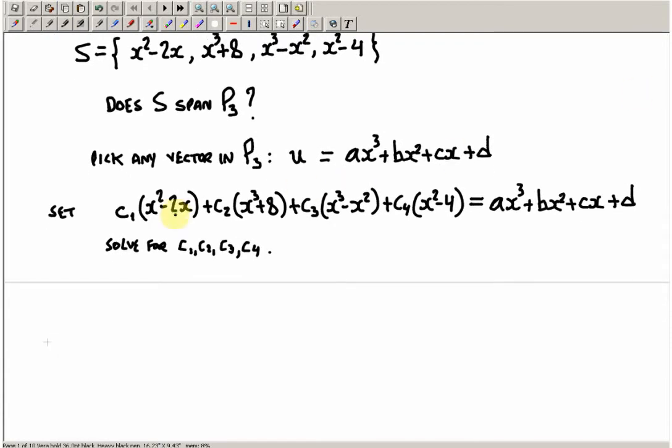Okay, how do we obtain the matrix? Well, you need to expand this whole thing here and collect the coefficients of each of the x, x squared, and x cubed, and the independent terms. Collect each one of them, and then you're going to set them equal to A, B, C, or D. Let's collect all the coefficients for x cubed. Here is C2.